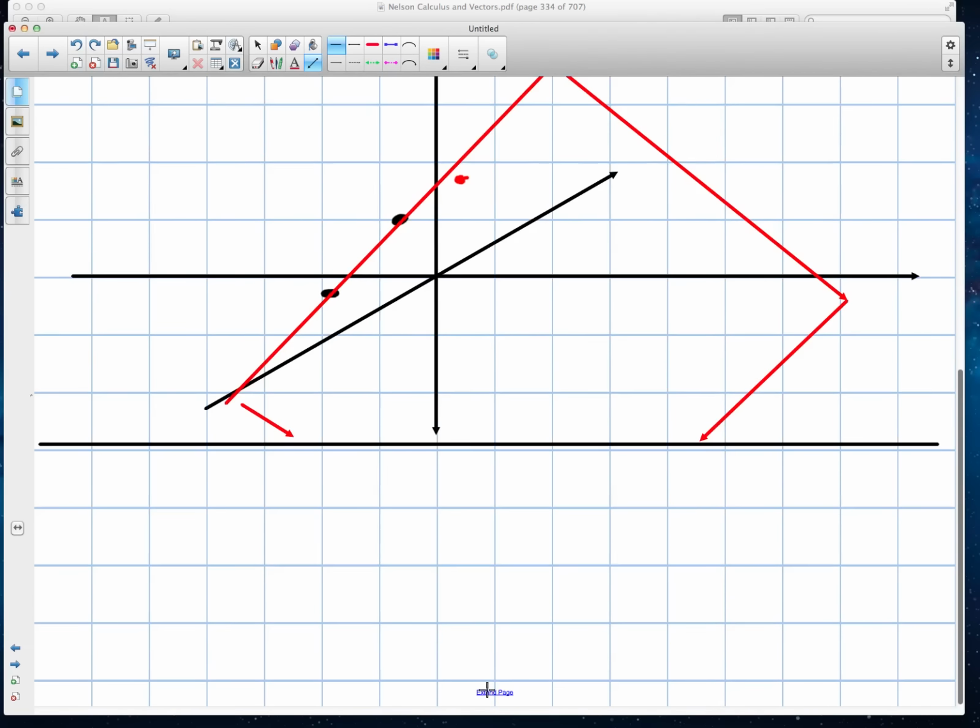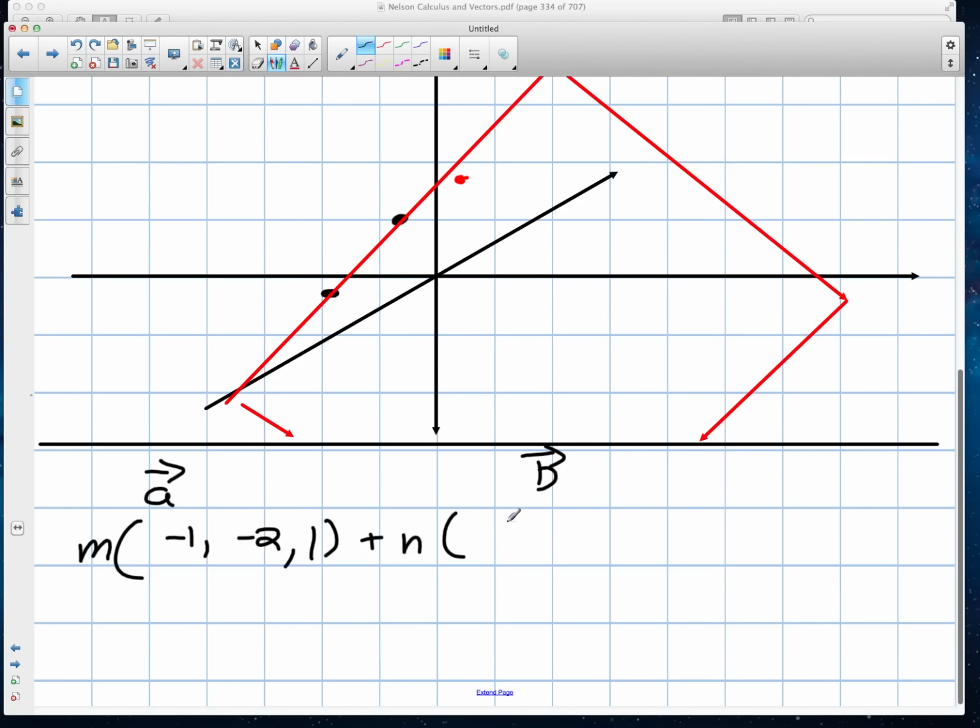Okay, so let's write that question out. We are looking for some scalar of vector A. So this being our vector A, we'll call m the scalar for this one: (-1, -2, 1). And for some scalar of vector B, we'll call the other one n, of (3, -1, 1).